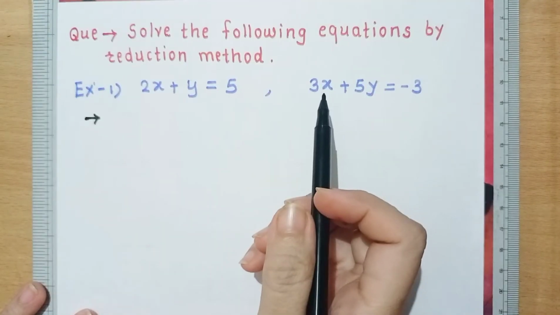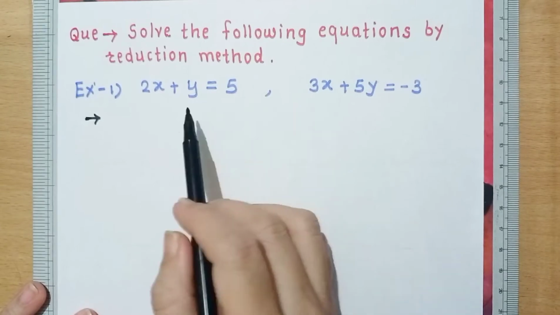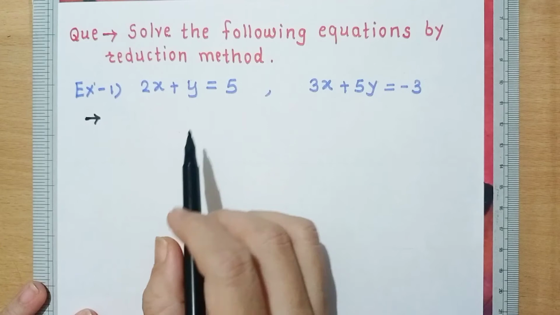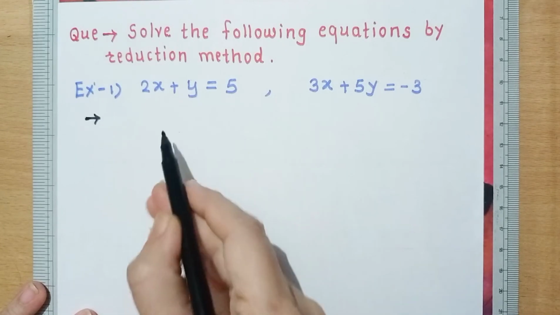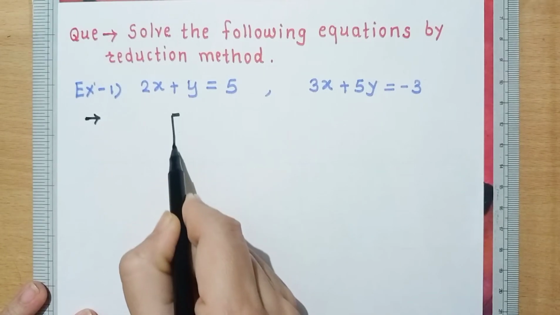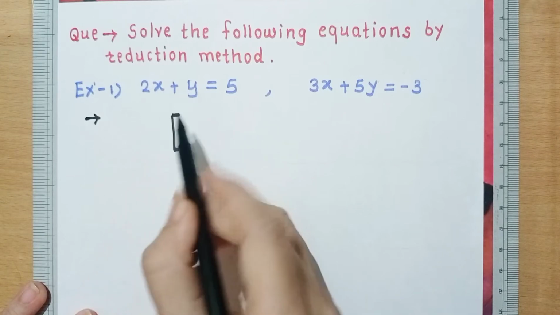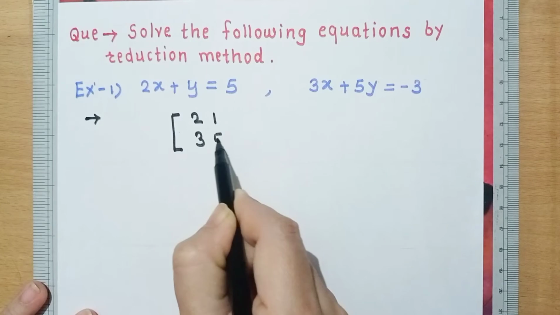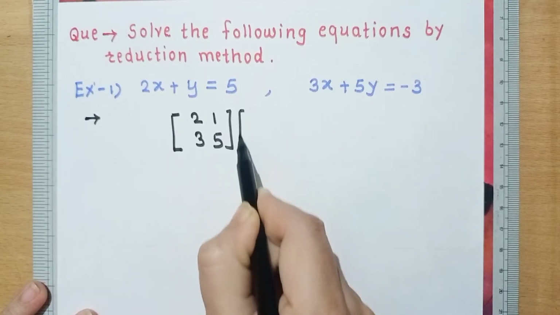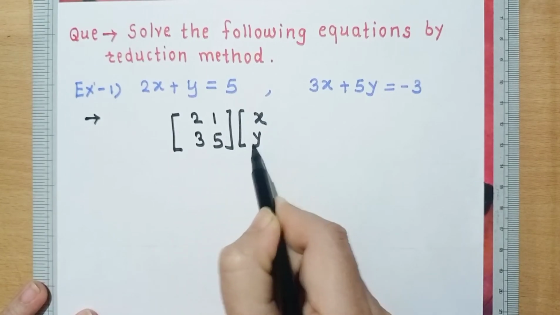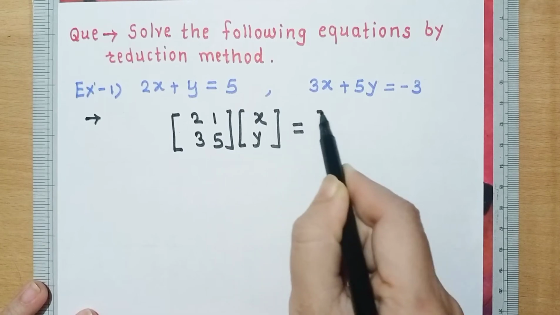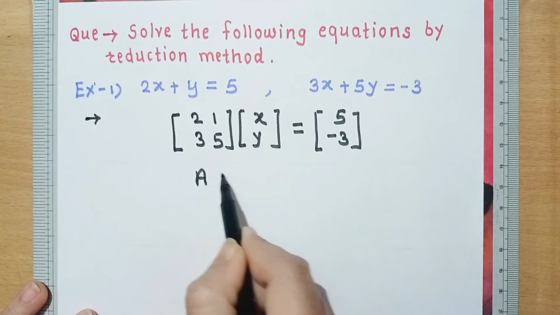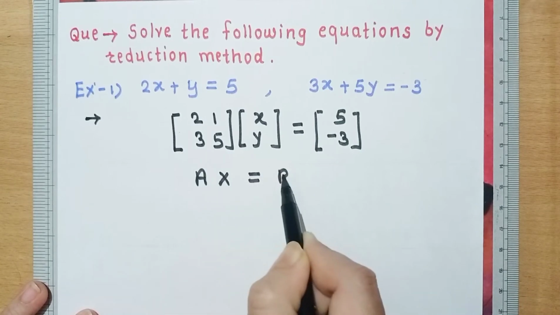This is our first example, and these are two linear equations to solve by the reduction method. So first we will put these two equations in matrix equation form. Write down first coefficients 2 1, then 3 5, and this is the matrix of variables, and that is equal to 5, which is Ax is equal to b.